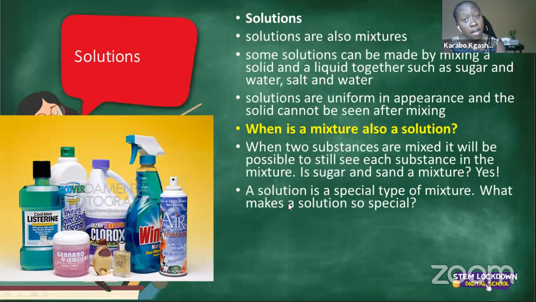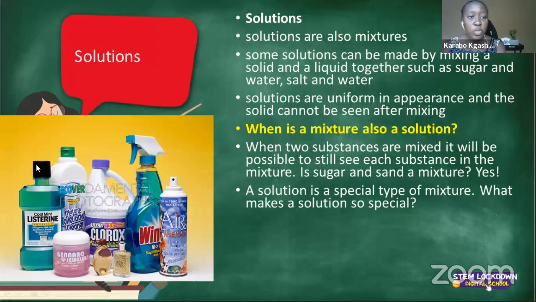A solution, however, is a special type of mixture. Right, so what makes a solution so special? You can tell me what makes a solution so special. For example, a Listerine mouthwash. Why is it so special? You can give it a shot. Remember just to type in your chat box.